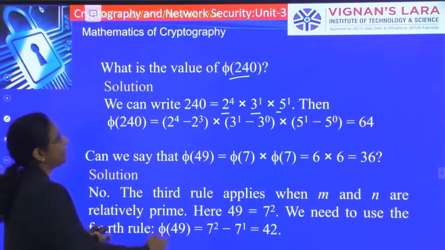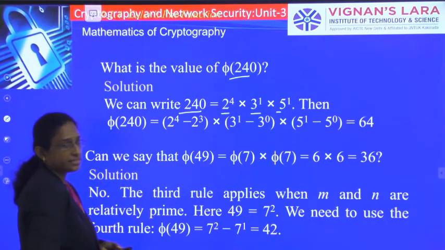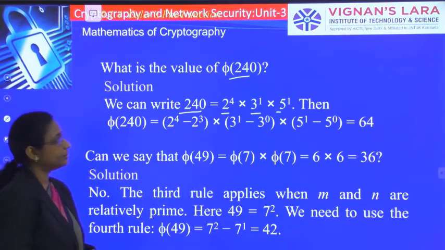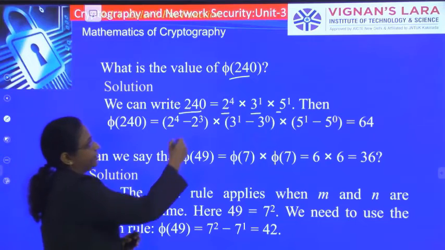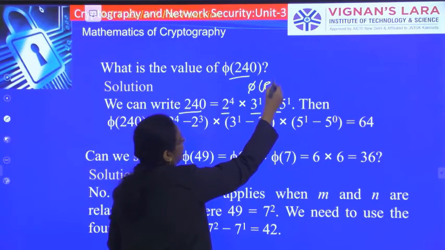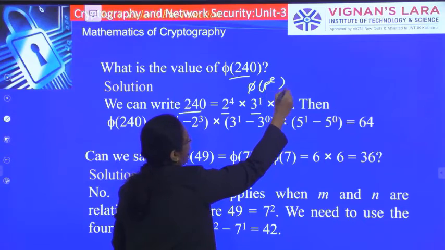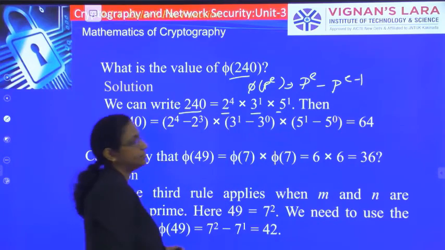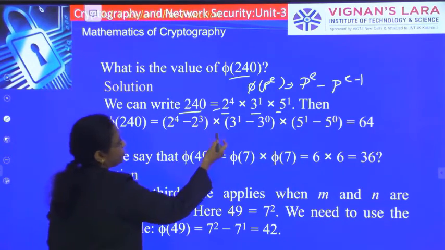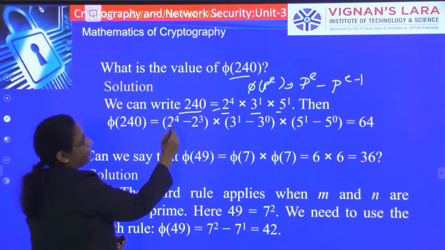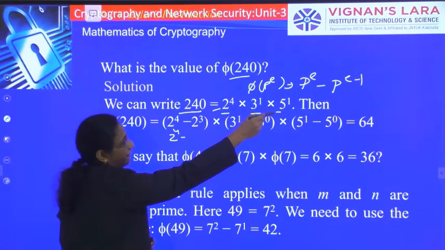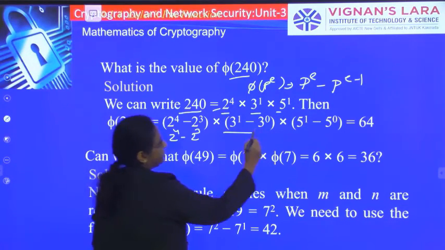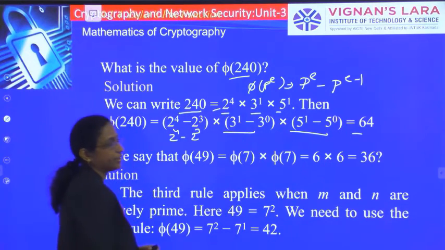Here 240 you can write as 2 to the power of 4 into 3 to the power of 1 into 5 to the power of 1. Then phi of p to the power of e, whatever e you have, is p to the power of e minus p to the power of e minus 1. So for 2 to the power of 4, it is 2 to the power of 4 minus 2 cube, and similarly for the others.